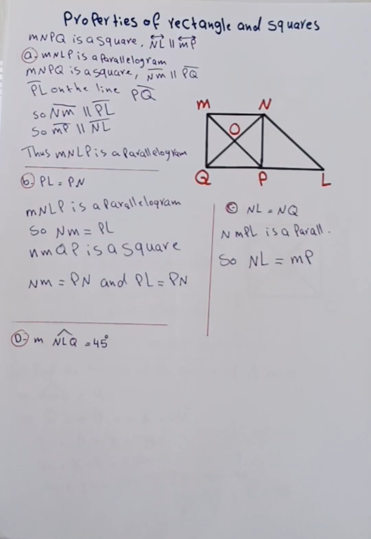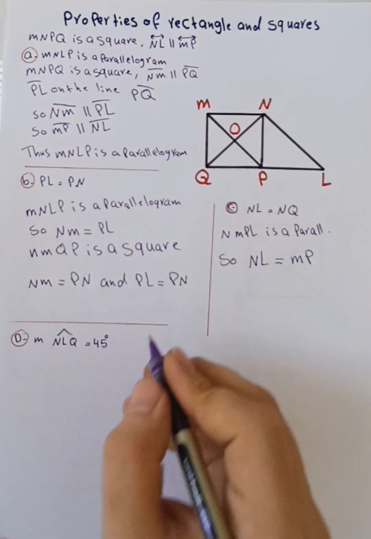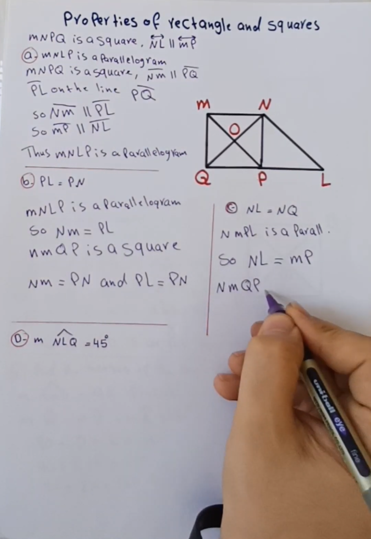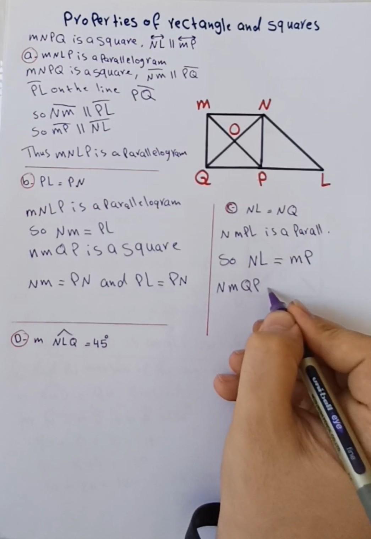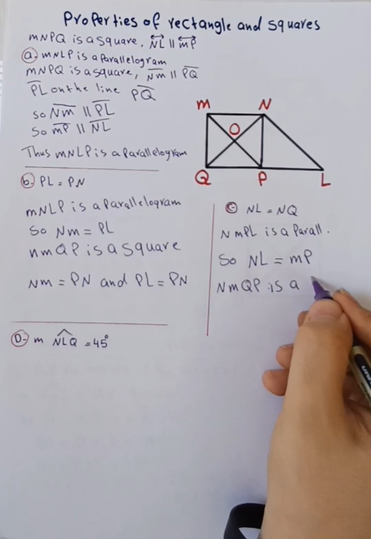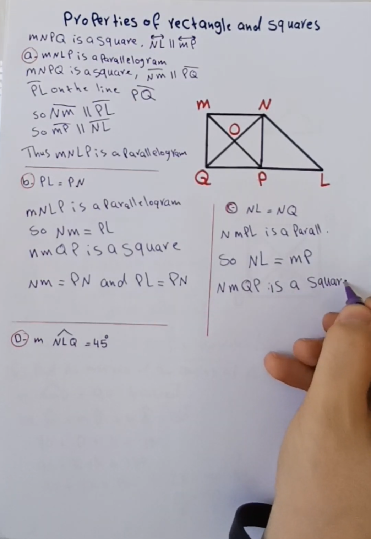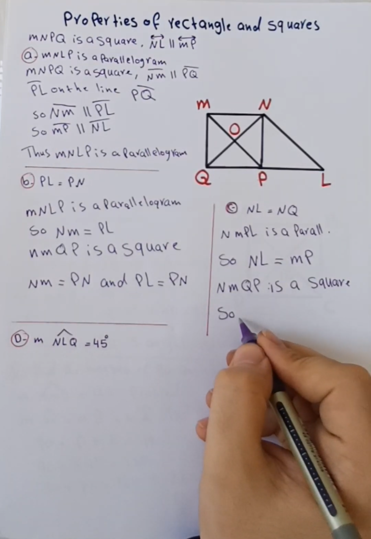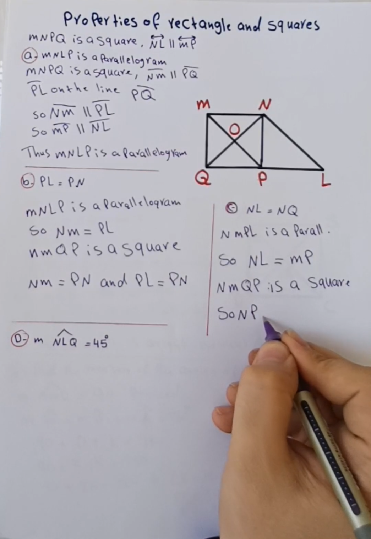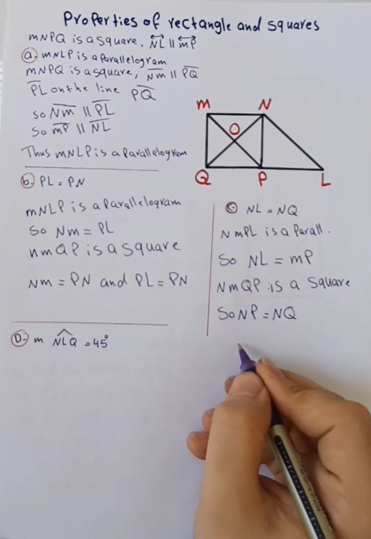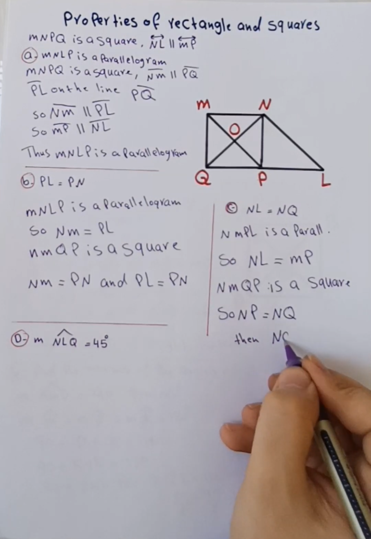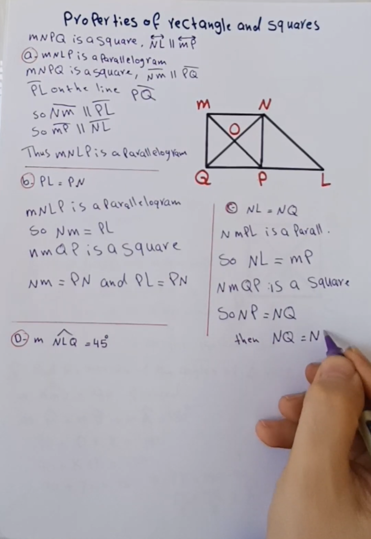And then we can say MNPQ is a square, so MP equals NQ, and in the end we can say NQ equals NL.